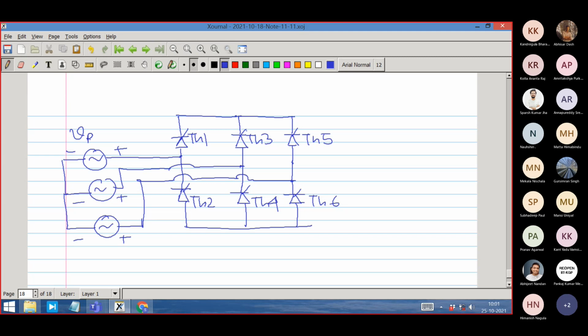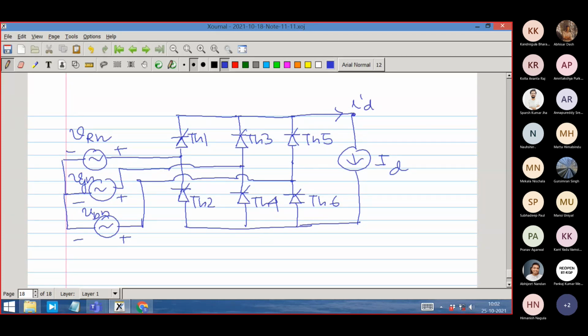This is VRN. This is VYN. This is VBN. This is the load. Let's say the load is continuous, load current is continuous. This is the current ID.